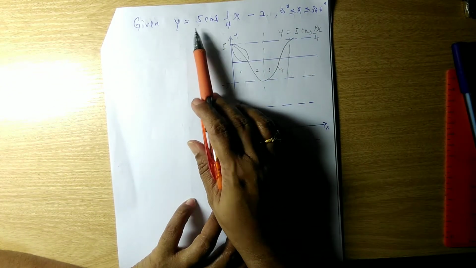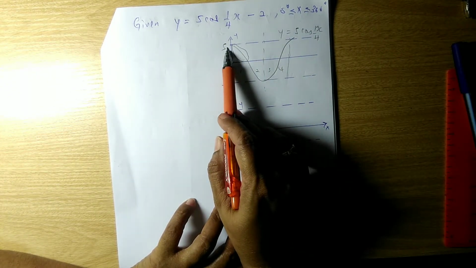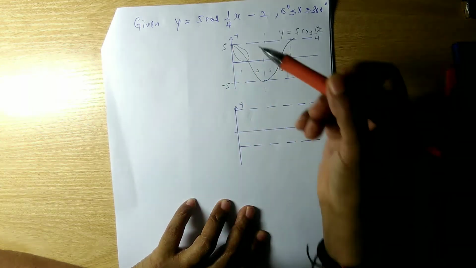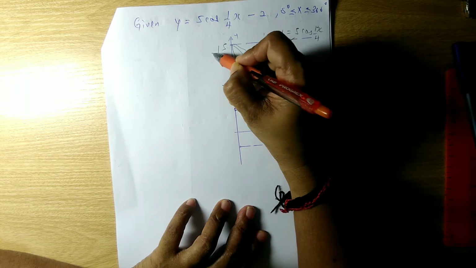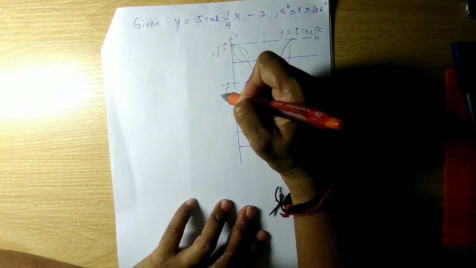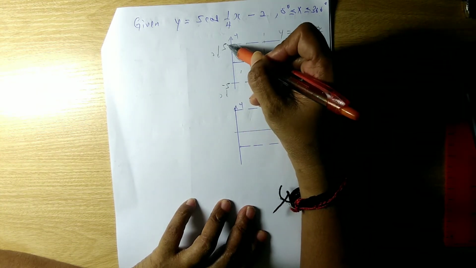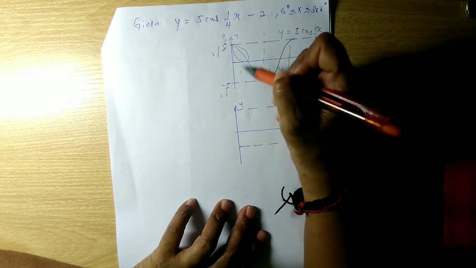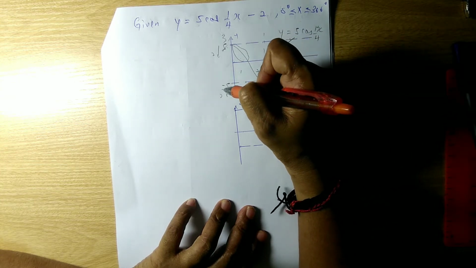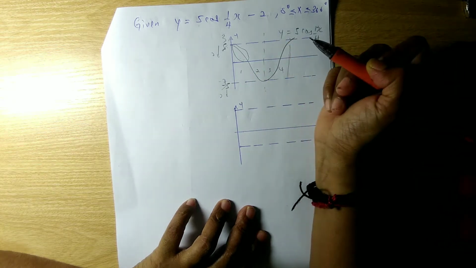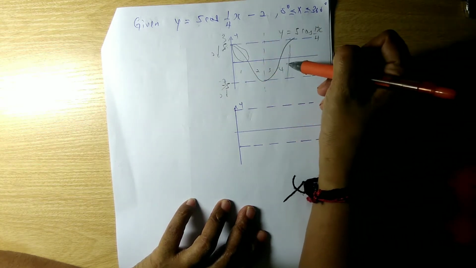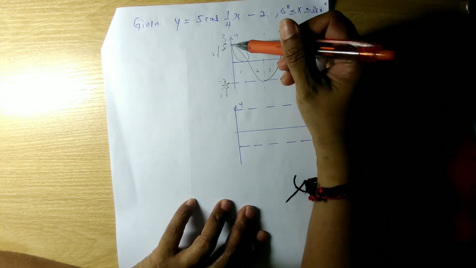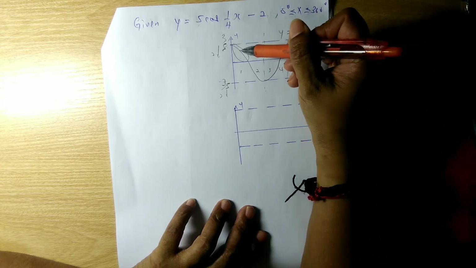Originally 5, so if it moves down 2 places, this will be at 3, and this one will be at negative 7. But you can't leave it as such because this is not correct. I only need a quarter of the cycle. It means I only need this part.